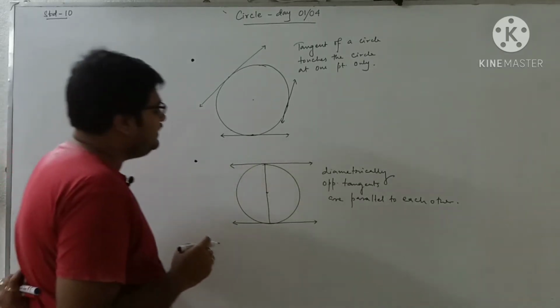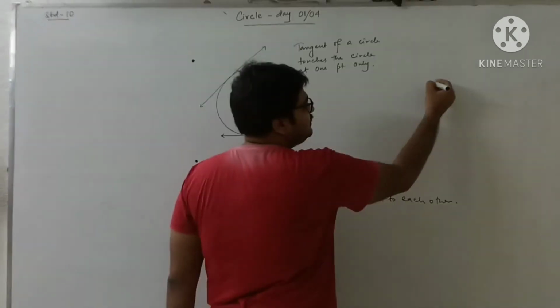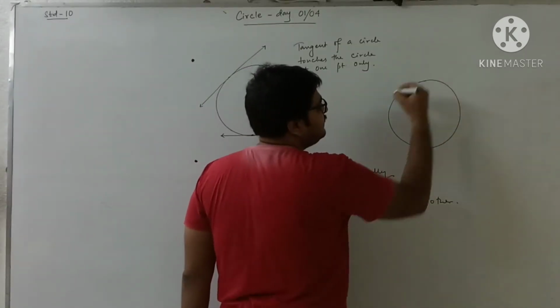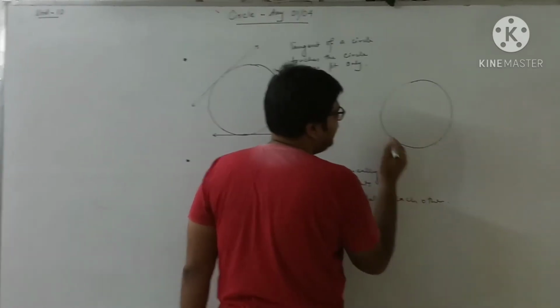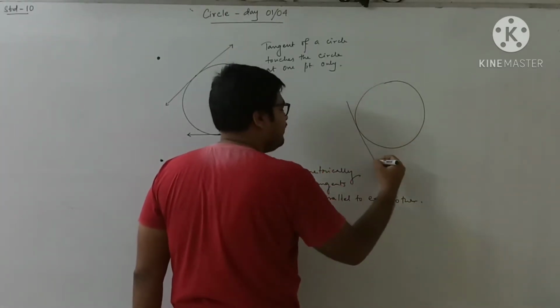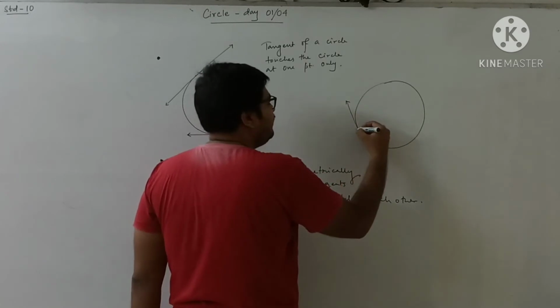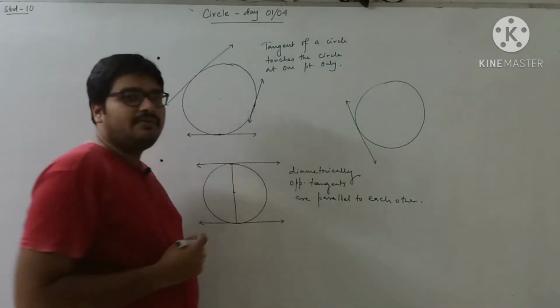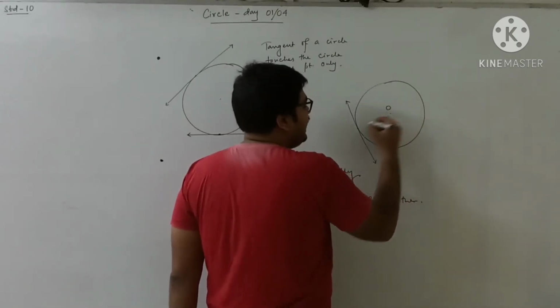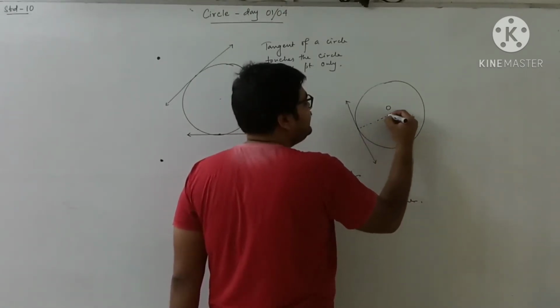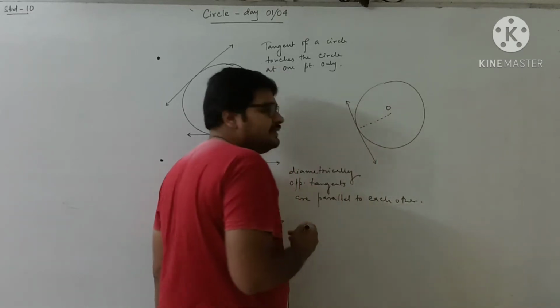Now the next thing regarding the circle, look here. Suppose this is a circle and I have drawn a tangent here, anywhere. We know that the tangent will touch the circle at one point. Now, if I join the center to that touch point, this is called the radius, correct?